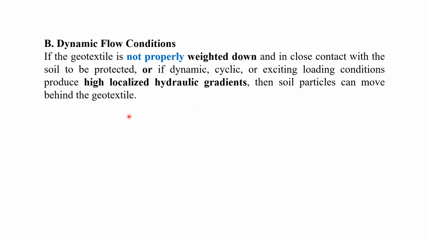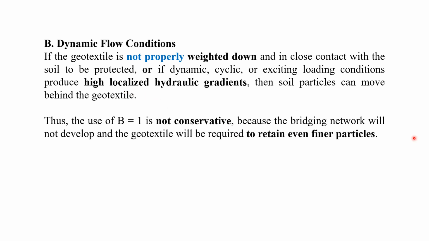Dynamic flow conditions, what happens here? If the geotextile is not properly wetted down and in close contact with the soil to be protected, or if dynamic, cyclic or exciting loading conditions produce high localized hydraulic gradients, then the soil particles can move behind the geotextile. These things will occur.